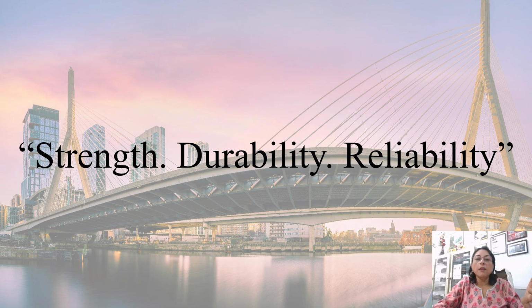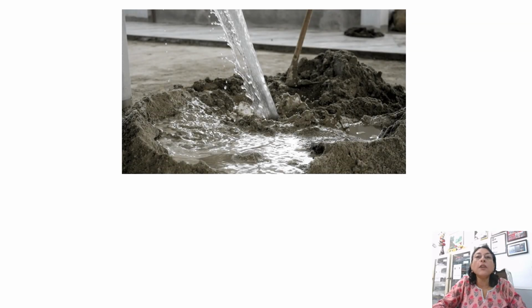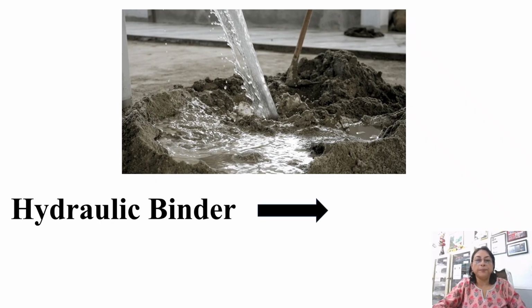Strength, durability, and reliability are unquestionable for this material. Portland cement is a hydraulic binder. That means it sets and hardens even underwater and is the core ingredient in modern concrete and mortar.